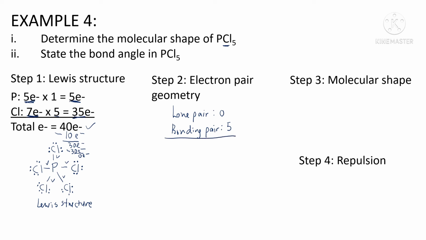And that should give us a total electron pair around the central atom equal to 5. And by having 5 total electron pairs around central atom phosphorus, it means that PCl5 has an electron pair geometry of trigonal bipyramidal.